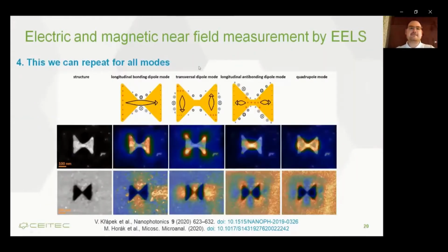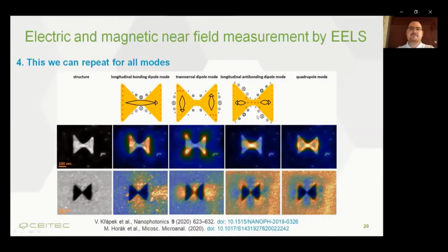And this we can repeat for all 4 modes. So in the case of the diabolo, we have the longitudinal bonding dipole mode, its electric near field, and its magnetic near field. Then we have the same for the transversal dipole mode, again the electric near field of the particle and the magnetic near field of the particle.